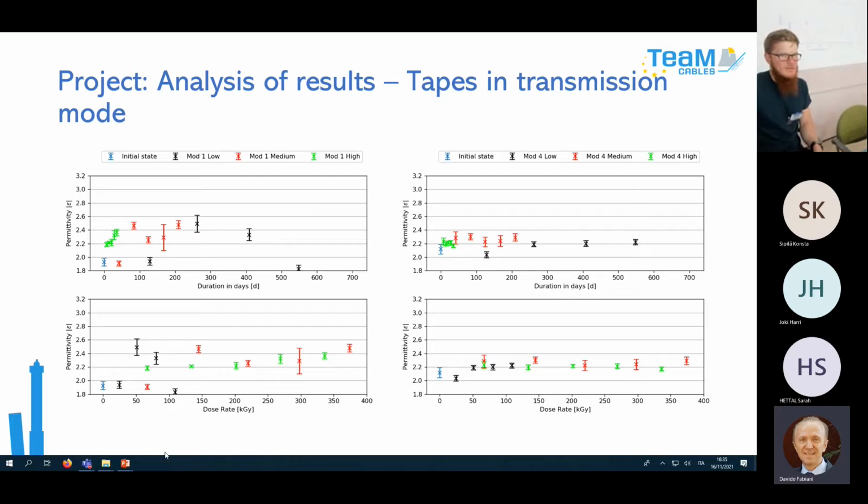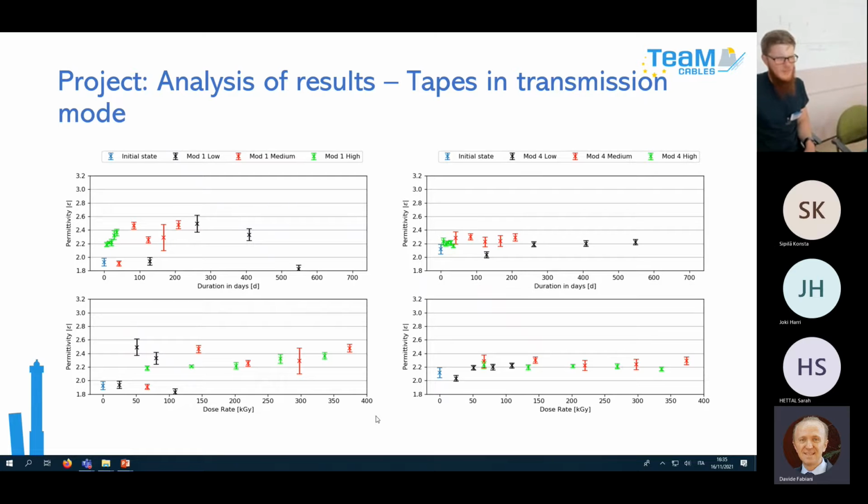And this pattern doesn't repeat with other measurements. For the medium dose rate, it stays almost at the same value for the first measurement, then it jumps up, then a little bit down, and goes up again. For the green one, for the high dose rate, it stays almost constant.